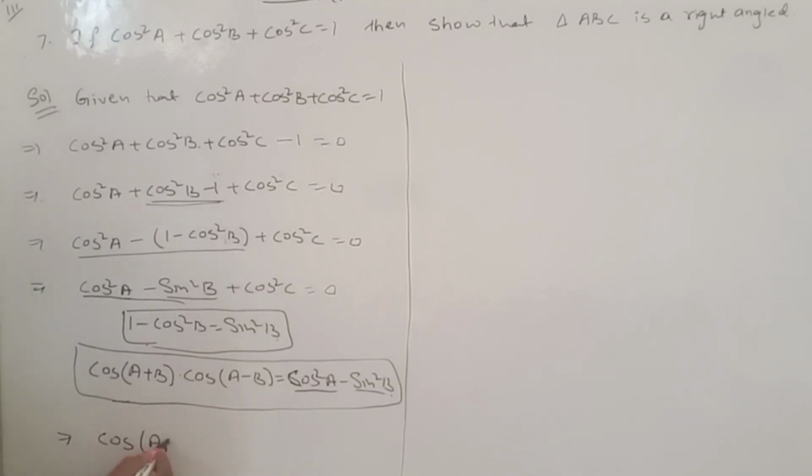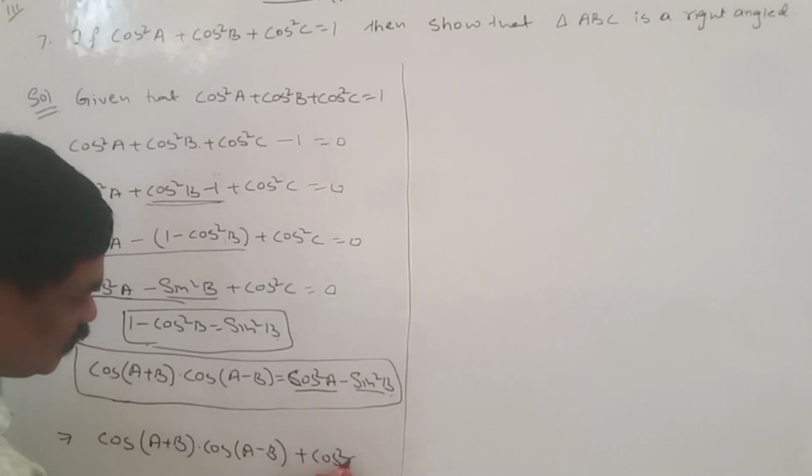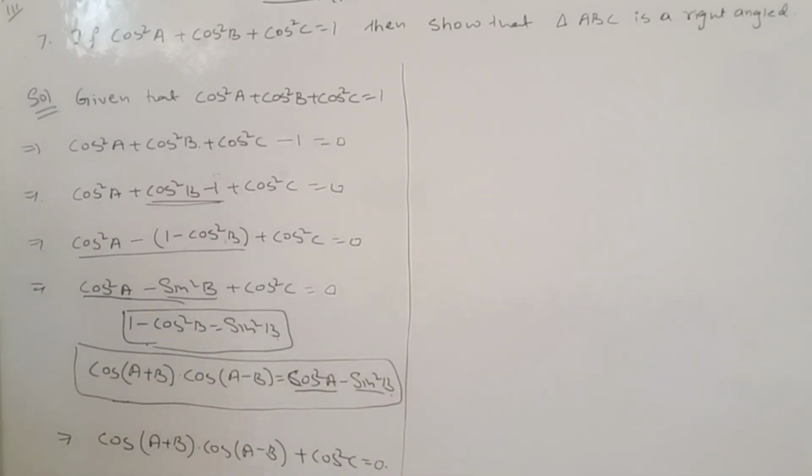That is cos of A plus B into cos of A minus B plus cos square C equal to 0. Okay, all of you.